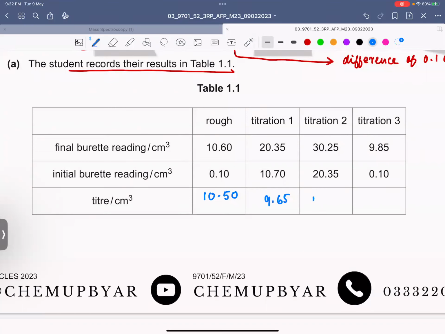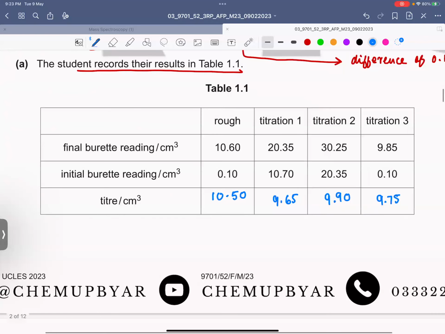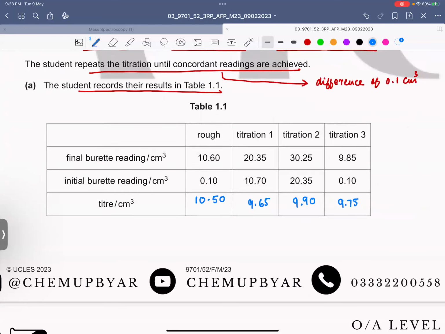Here, it would be 12 minus 3, 9. And 29 minus 20, 9.90. And here, 5, 7, and 9. So you have to subtract these two values to find the titer. The titer is the volume that is added in the conical flask to reach the endpoint.